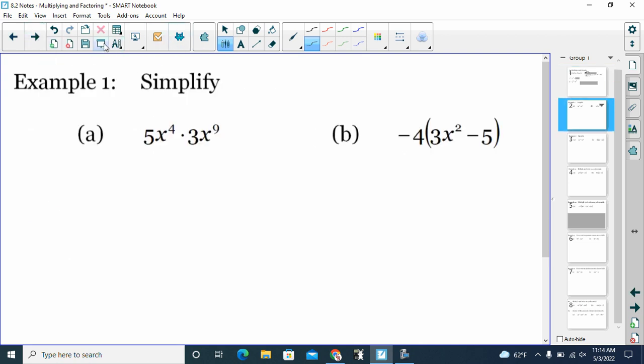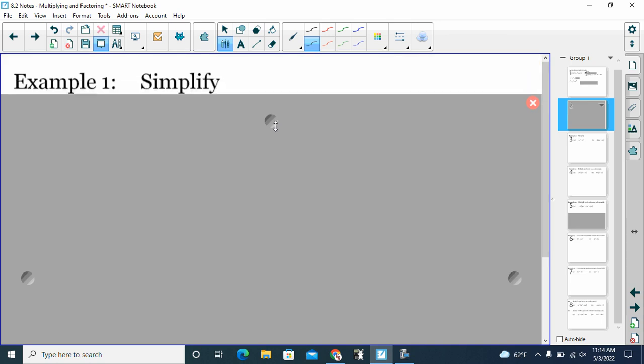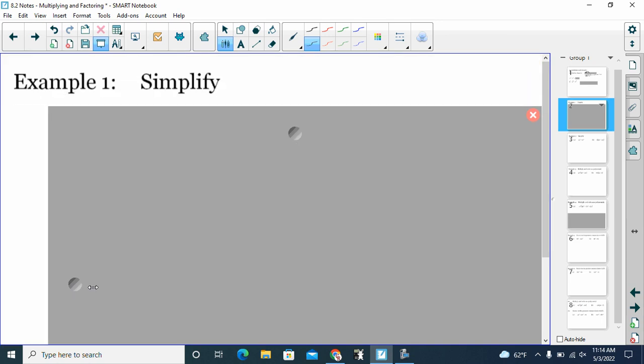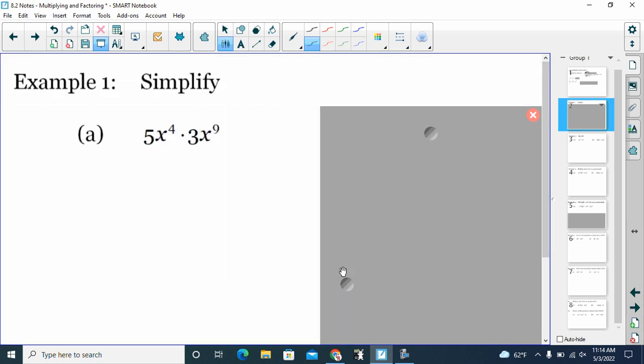Example 1 asks us to simplify each of the following. These are review of what we just covered. Part A, I am multiplying two things. I have 5x to the 4th times 3x to the 9th.